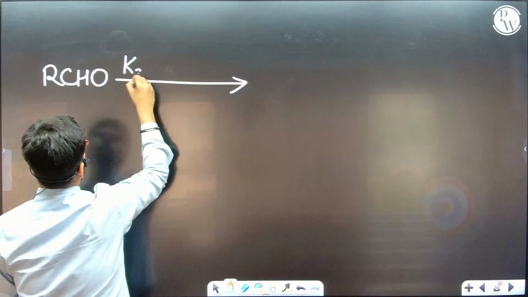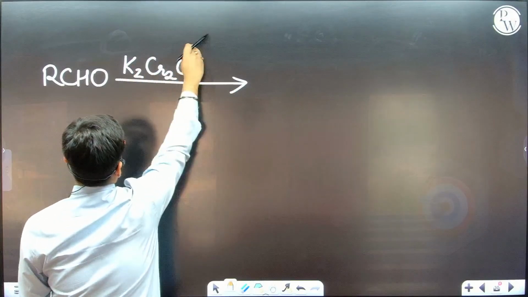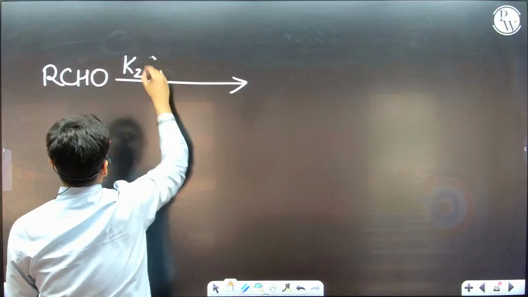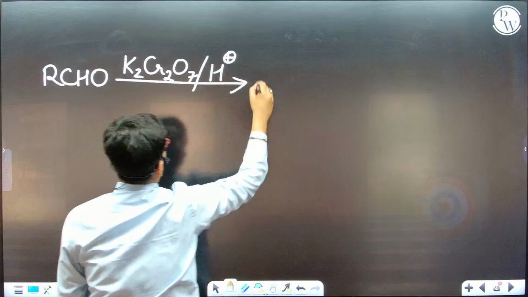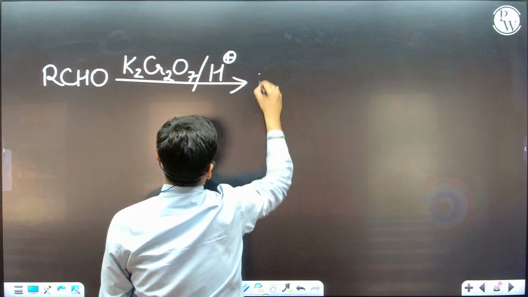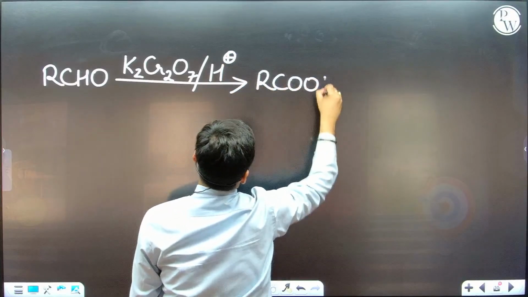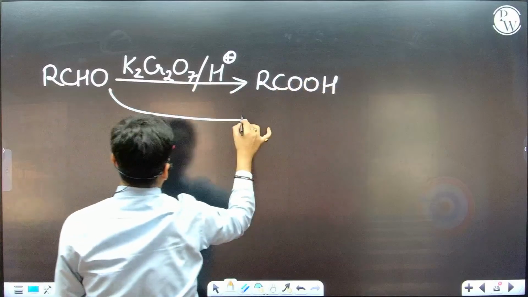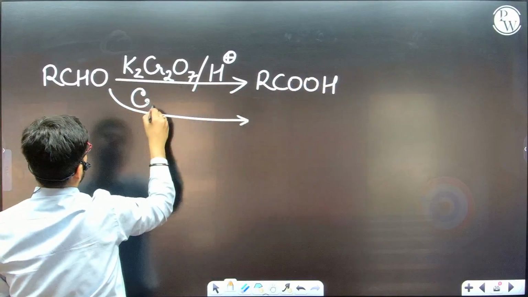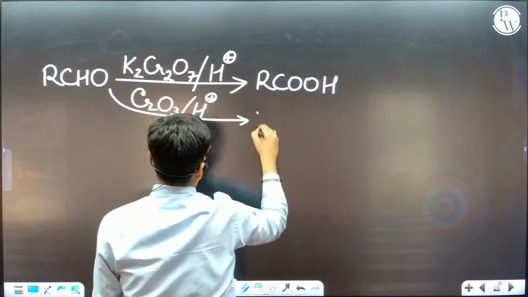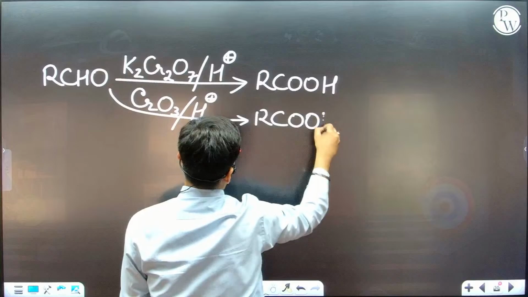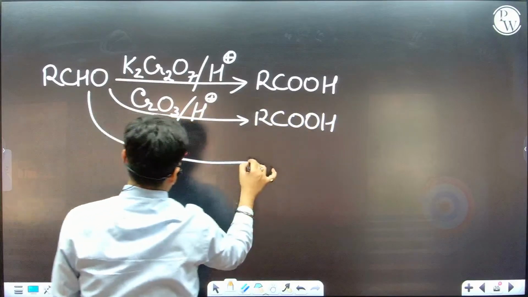Let's say we have an aldehyde, and if this aldehyde is treated with acidic K2Cr2O7, that is, K2Cr2O7 acting as an oxidizing agent, and the medium is acidic, then I'll obtain a carboxylic acid as the product, and also CrO3 in the presence of H+ will give RCOOH, right?